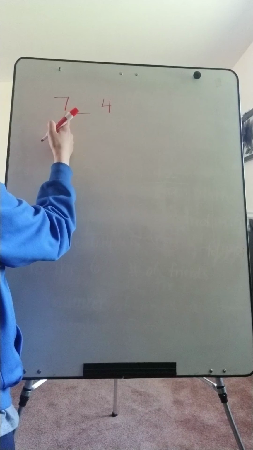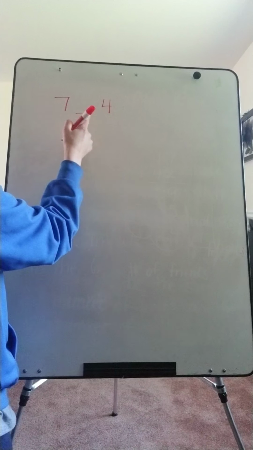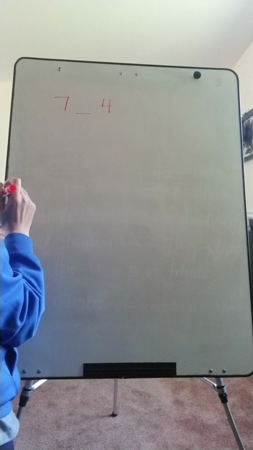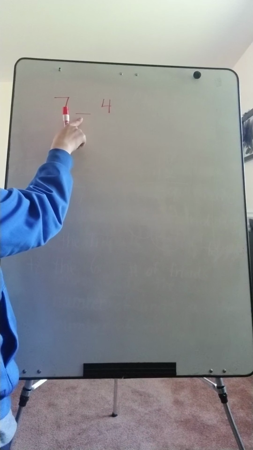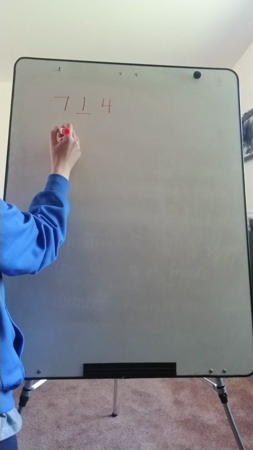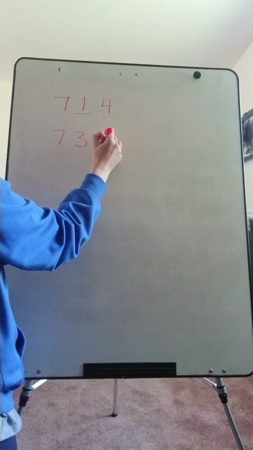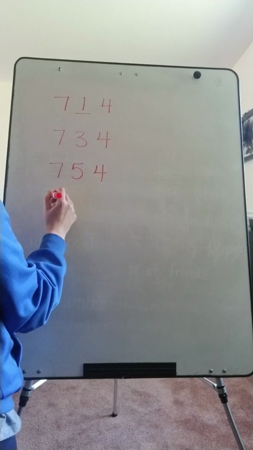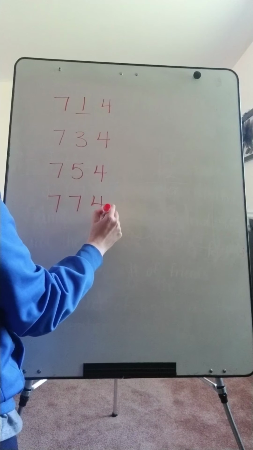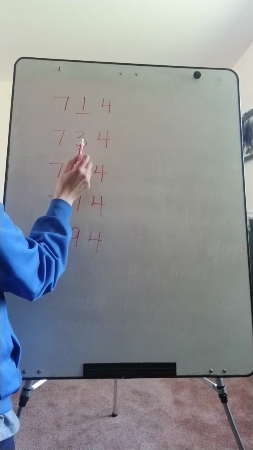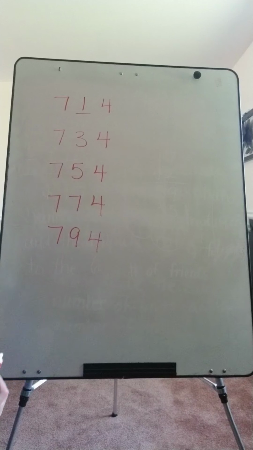So we know that in all the combinations we can make, the hundreds digit is going to be a 7, the ones digit is going to be a 4. So we just have to fill in odd numbers. So 714, 734, 754, 774, 794. Because 1, 3, 5, 7, and 9 are your odd numbers.